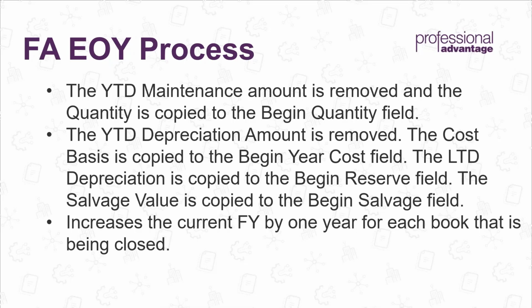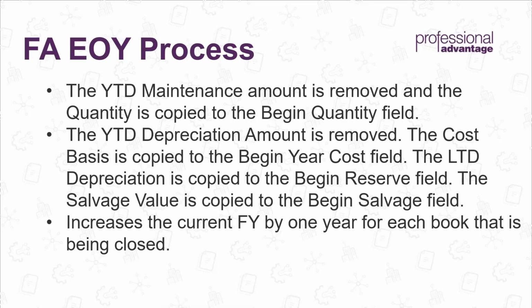When we say removed, it's not wiped off; it's actually added to the life-to-date depreciation amount for the asset. Also the cost basis is copied to the beginning year cost field, and the life-to-date depreciation is copied to the beginning reserve field. All of those changes are noticeable if you bring up the asset in the asset book screen.